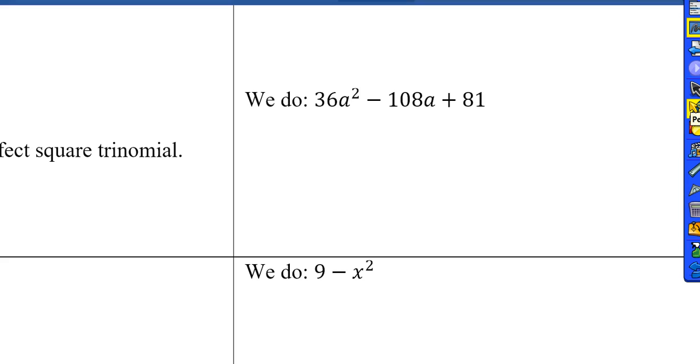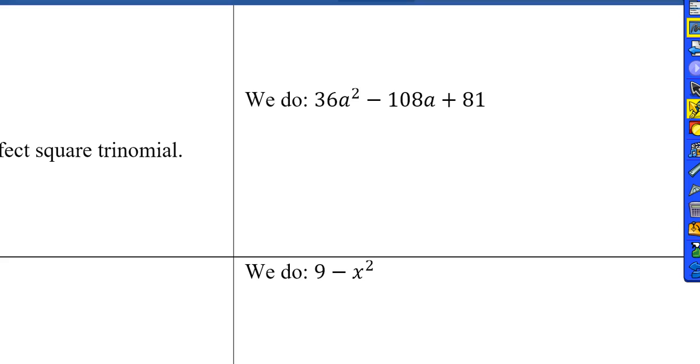Does this fit the criteria for a perfect square trinomial? Is the first number a perfect square? 36, right? And the last number is a perfect square? 9. And 36 times 9 is 54. And 54 plus 54 is 108. So yes, this is a perfect square.